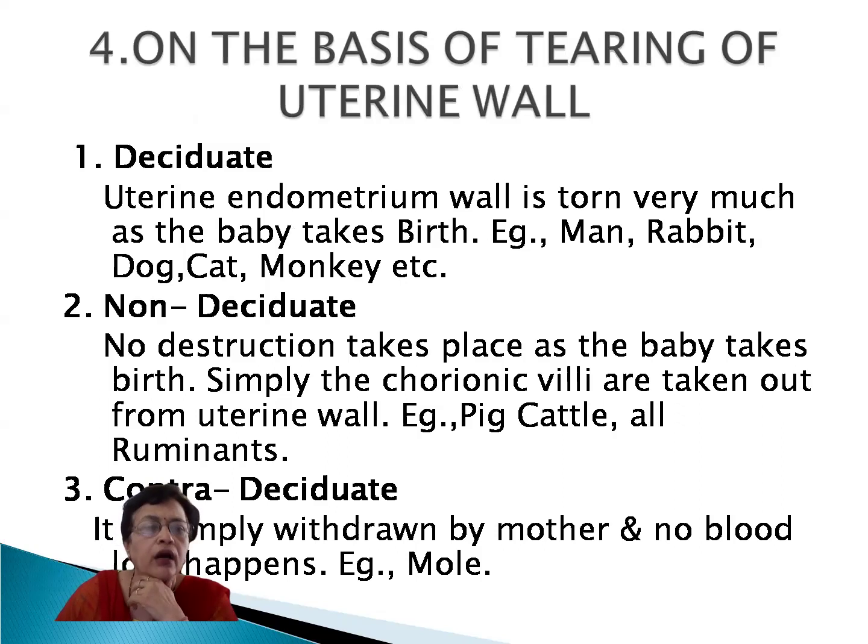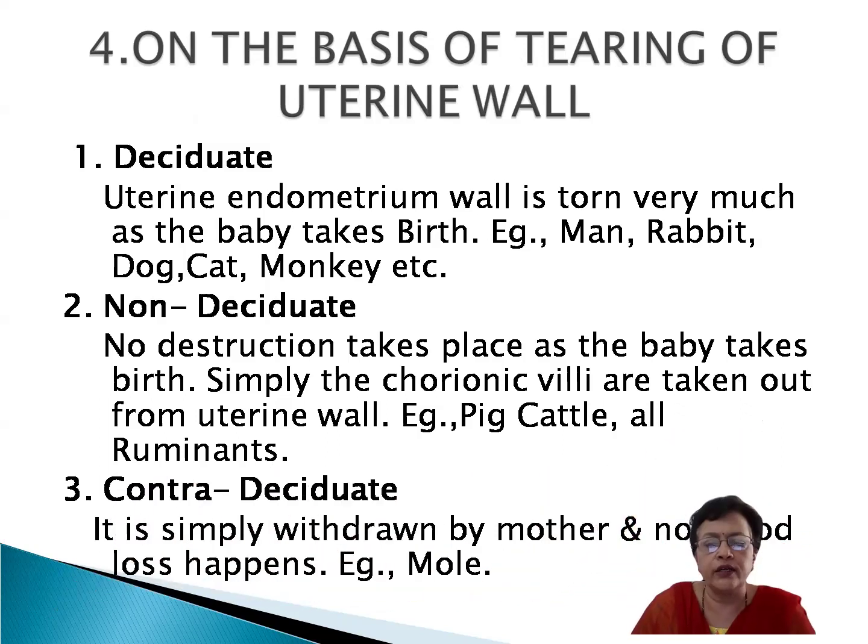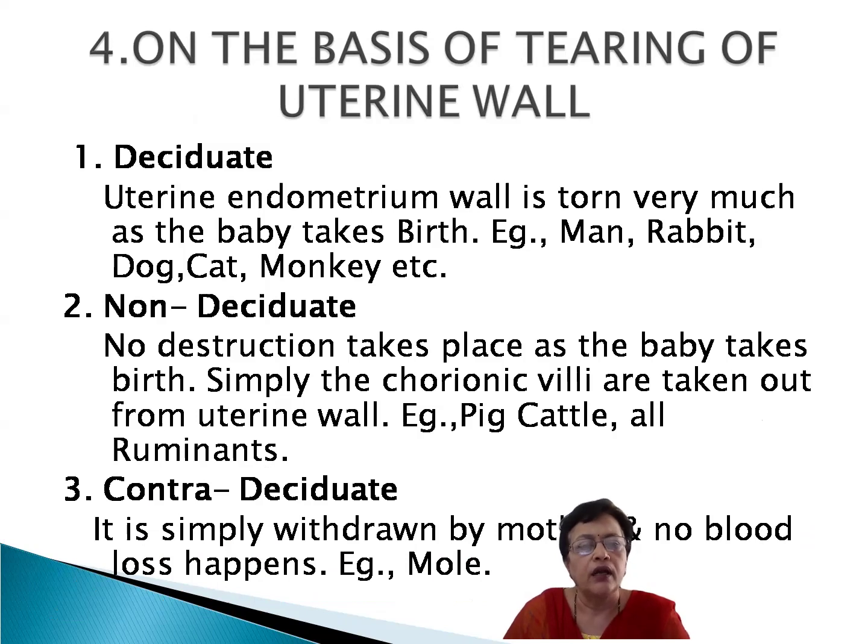Now, if we take into account the tearing of the uterine endometrial wall, such kinds of placenta are deciduate placenta, non-deciduate placenta, and contradeciduate placenta.